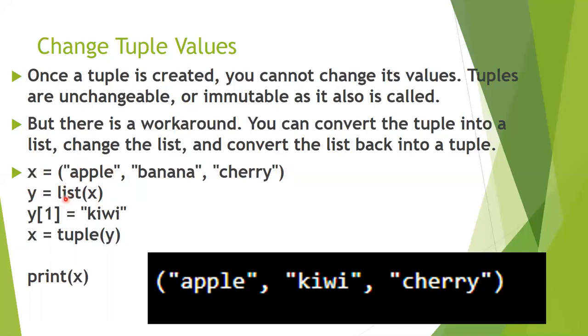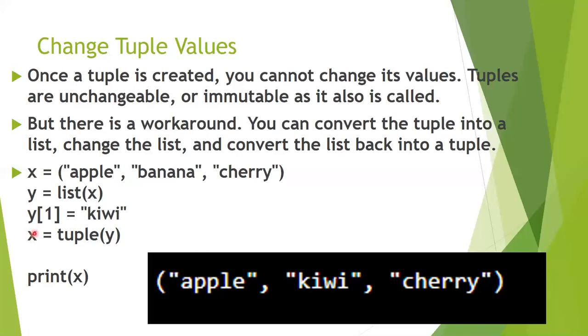So we have to write the keyword list, then we pass x as an argument. After that, if we write y[1] = "kiwi", then we can change the element of this list, because lists are mutable but a tuple is not mutable.